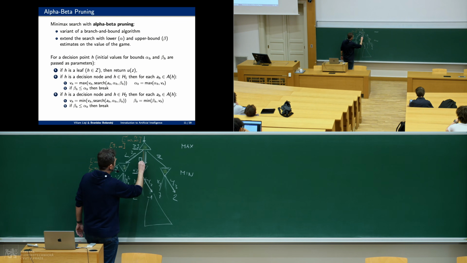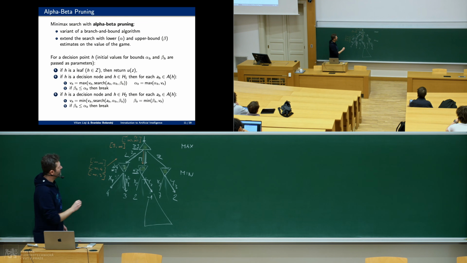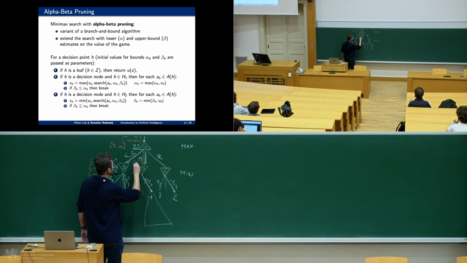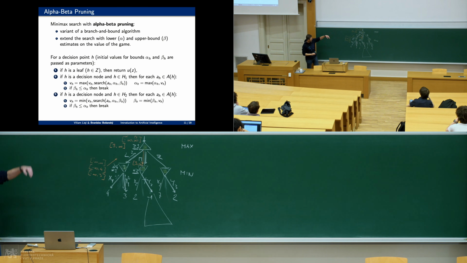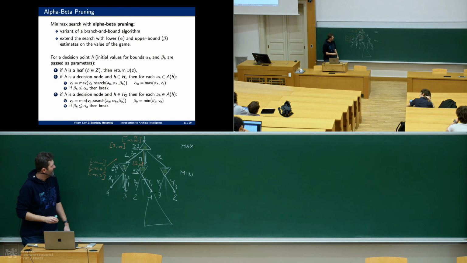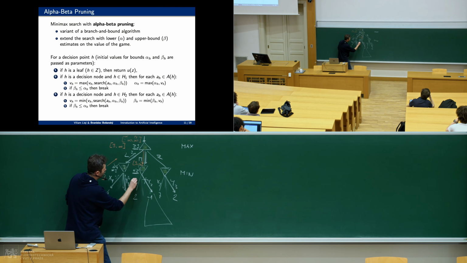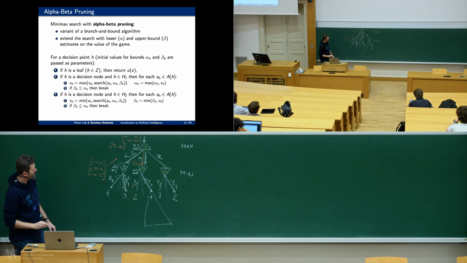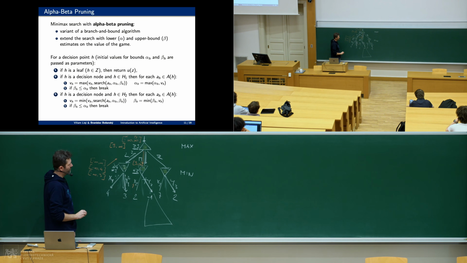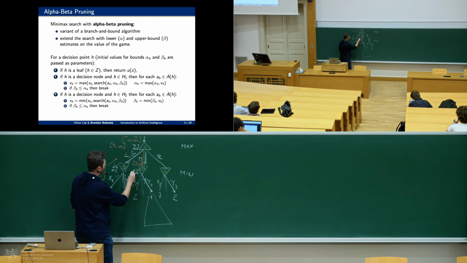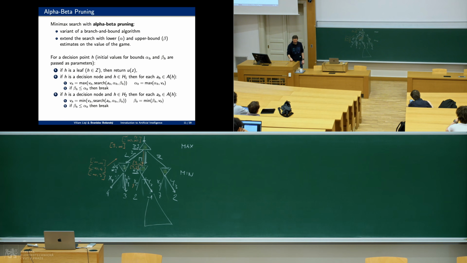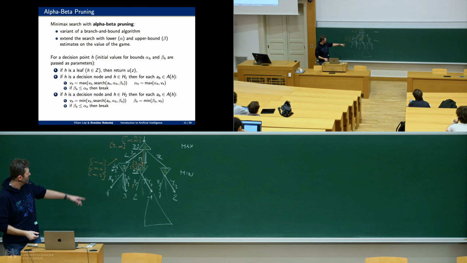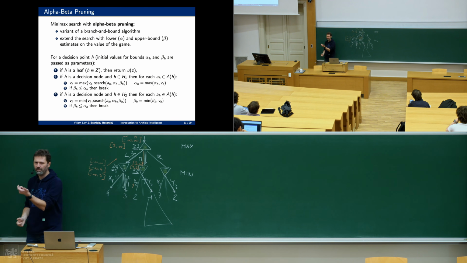And now I propagate these bounds further, and I am already propagating the lower bound to the subsequent search. And after propagating or getting the value 2 from child node x2, my interval is 3, 2. And this is why now I know I can stop searching, because my interval is empty.